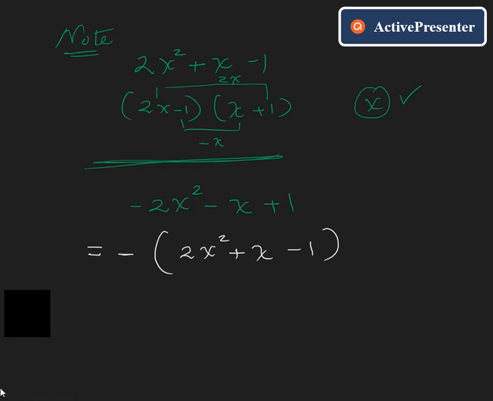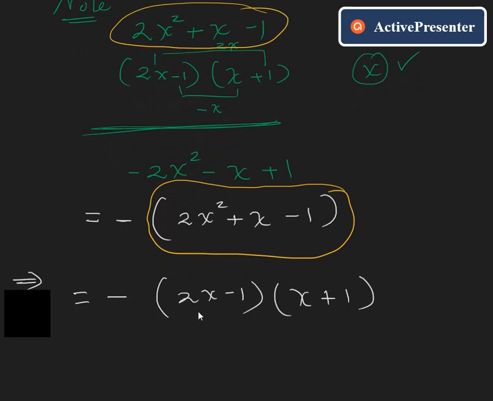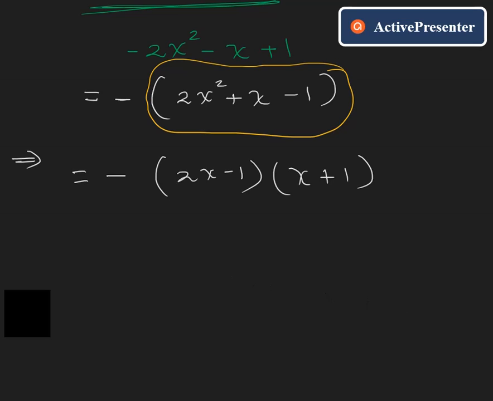Of course, we know how to factor this one. We already factored it here. So what will be our answer? This will be negative multiplied by 2x minus 1 multiplied by x plus 1. You can write it in too many ways. You can choose to write this one as, if you want to multiply here, this is like minus 1.